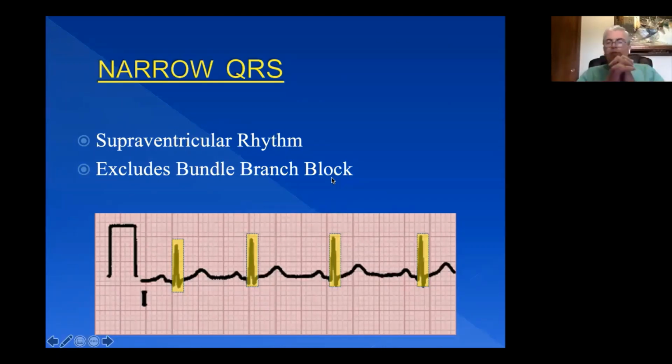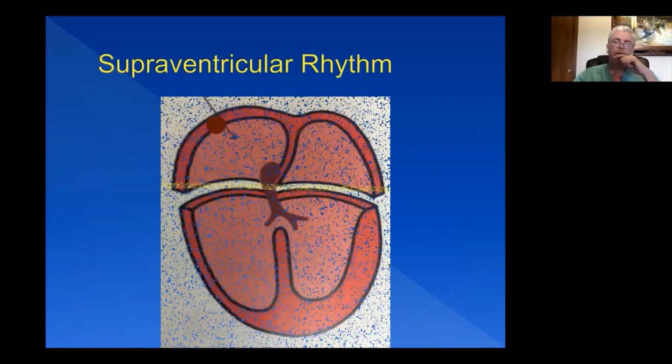Again, when we evaluate the rhythm, we look at where the rhythm is coming from, to think of the electrical generator, where it is, and how it is being conducted, how it's traveling. And we only have the AV node and the bundles to think of. So you can divide the whole conduction system into a generator and two main wiring components, the AV node and the bundles. So narrow QRS, supraventricular rhythm, and no bundle branch block.